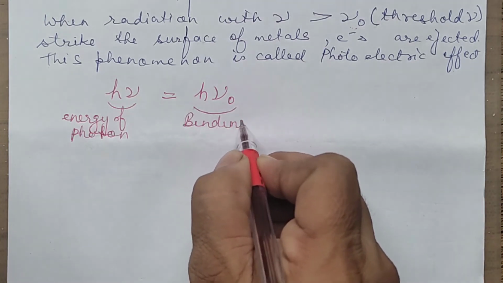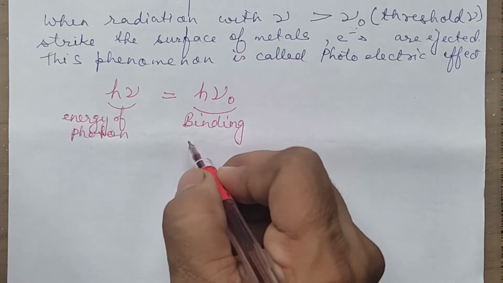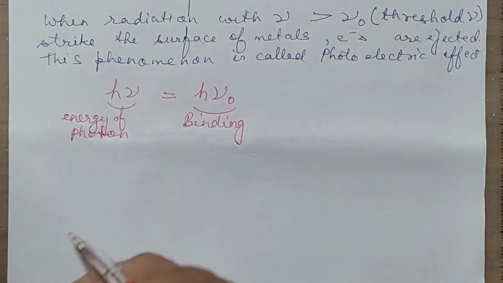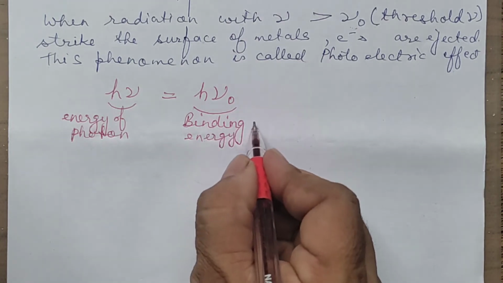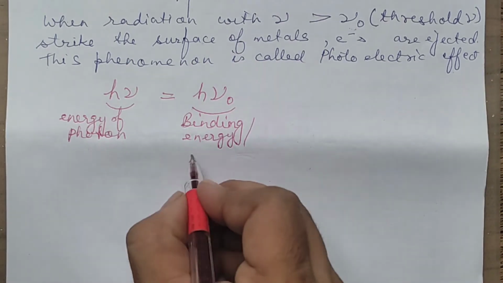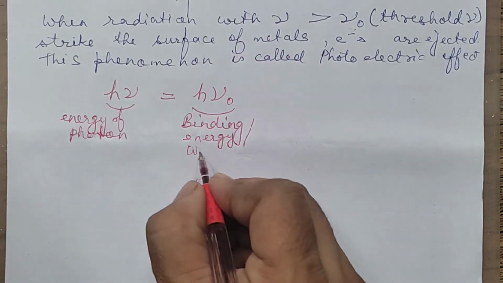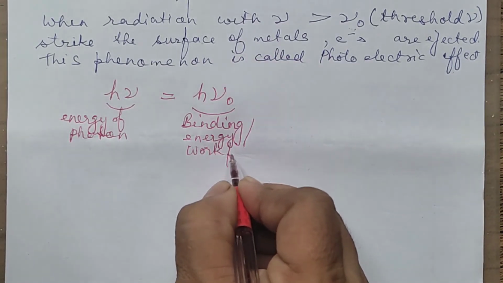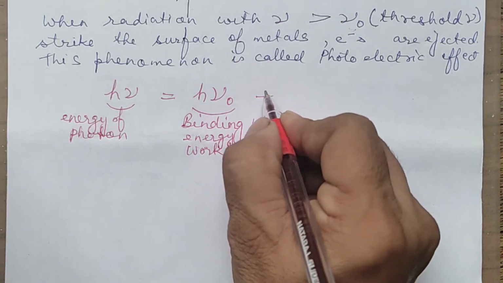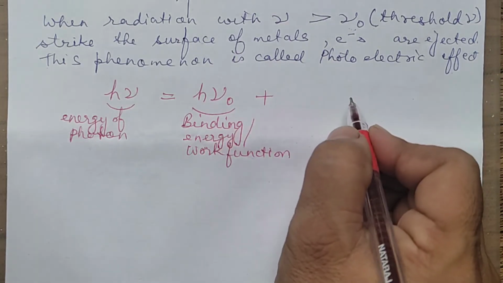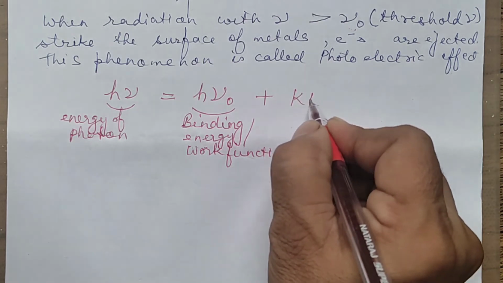That means it should be able to remove the electron from the effect of the nucleus. This binding energy is also referred to as the work function. Plus, it is also providing kinetic energy to the electron.